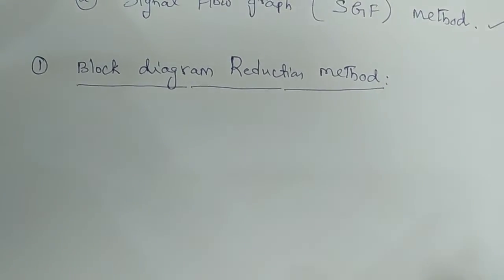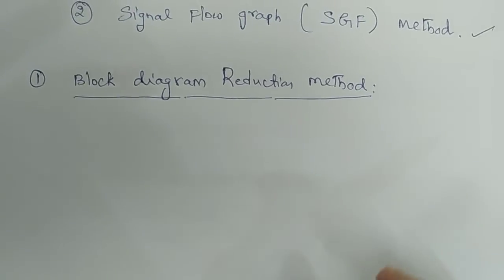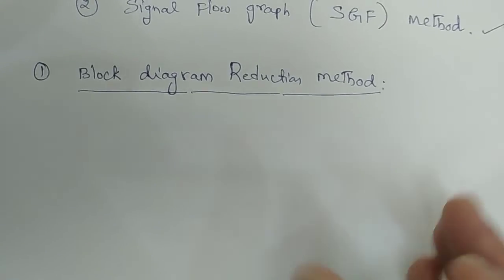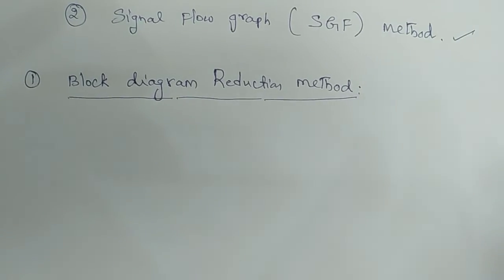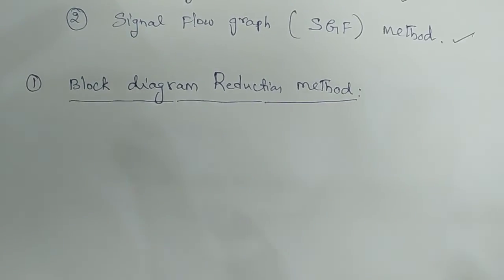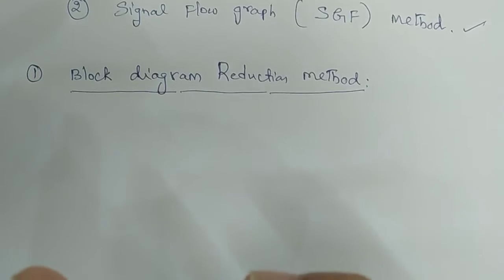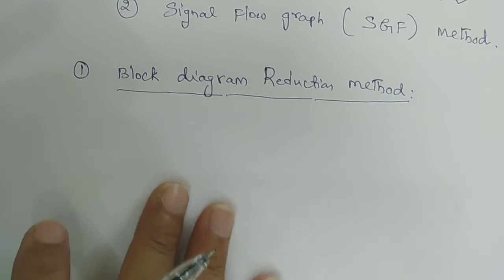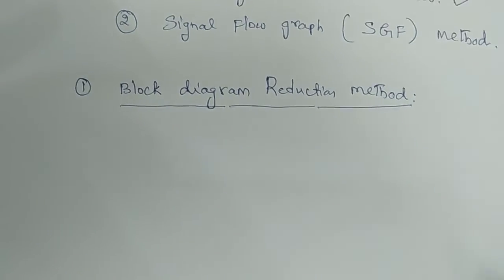If the number of blocks given is large, then by reducing those many blocks into a smaller one, we have to find out the transfer function. That is the meaning of this method, block diagram reduction.